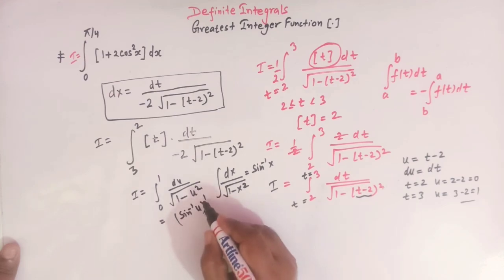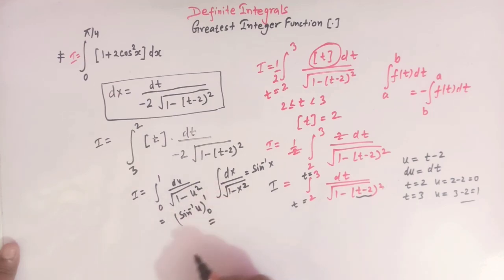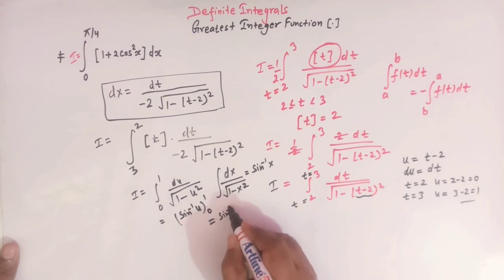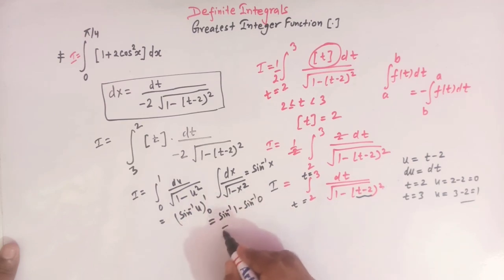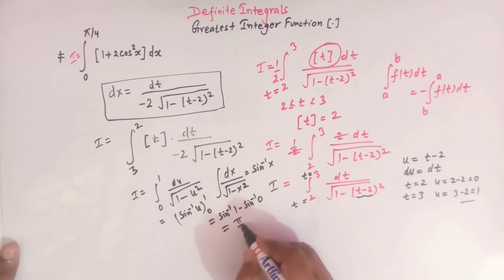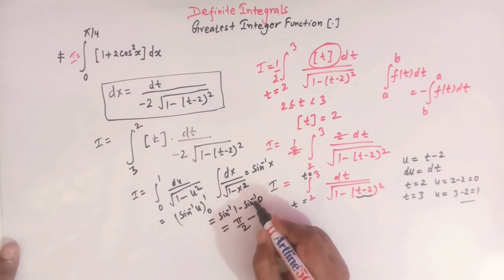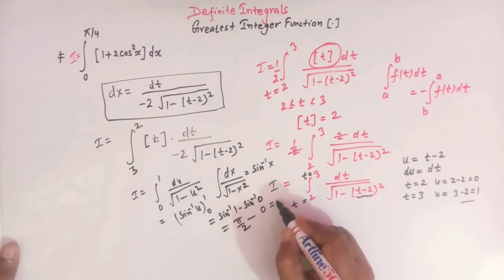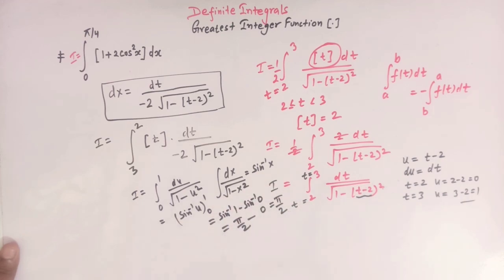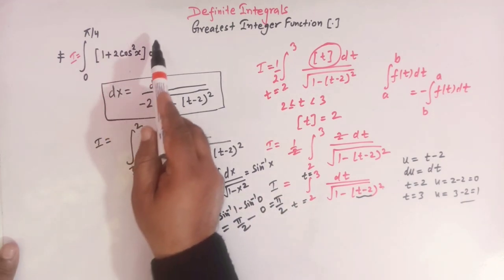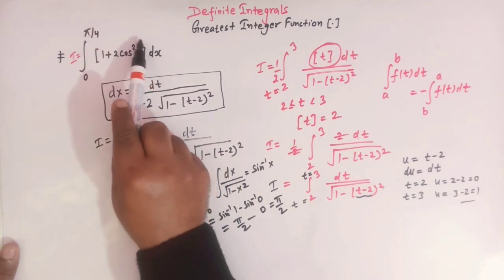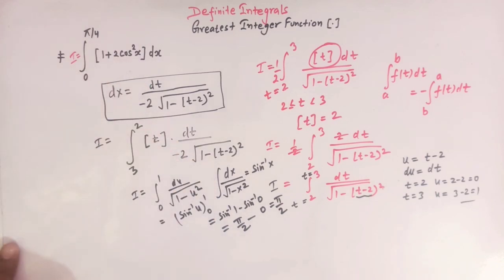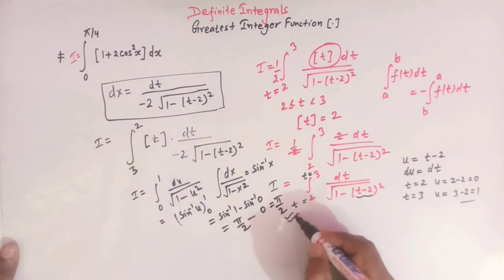So now we can substitute the limits and take the difference. So we have sine inverse 1 minus sine inverse 0, and sine inverse 1 is pi by 2, and sine inverse 0 is 0, so this is pi over 2, right? So viewers, the value of this integral involving the greatest integer function as the integrand is equal to pi by 2.